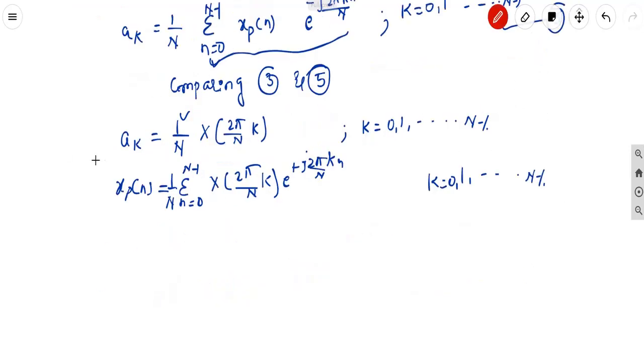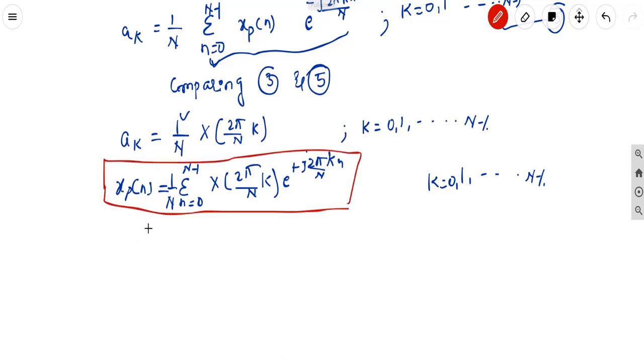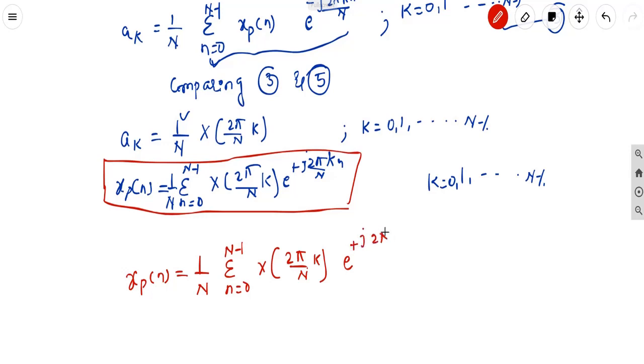If you see this, this is the equation for IDFT. Now I'll underline this equation. We'll write it neatly here: xp of n is equal to 1 by N summation n is equal to 0 to N minus 1 X of 2 pi by N k into e to the power of plus j 2 pi k n by N, where k is equal to 0, 1, ..., N minus 1.